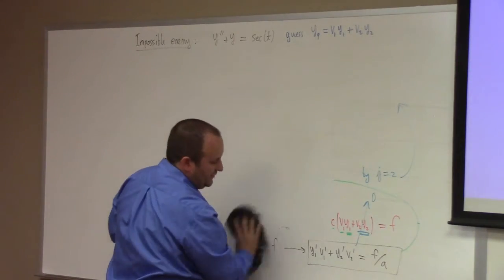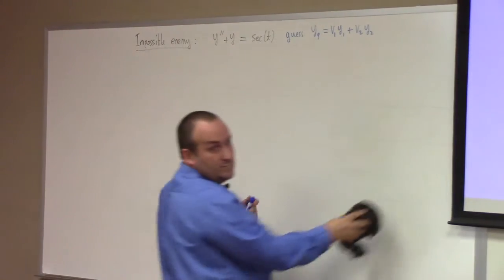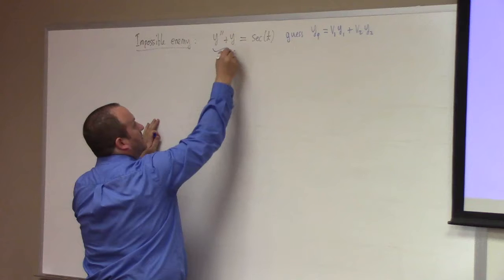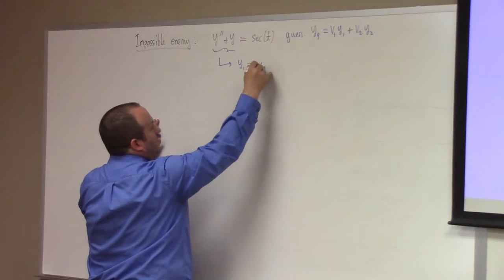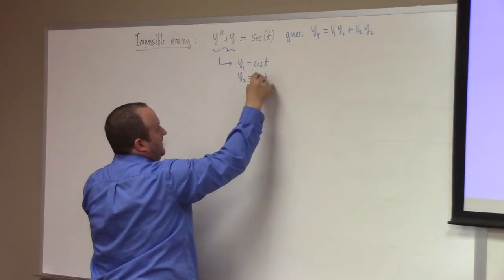How about y1 is cosine t and y2 is sine t? Does that make sense? So here we get y1 is cosine t and y2 is sine t, right?